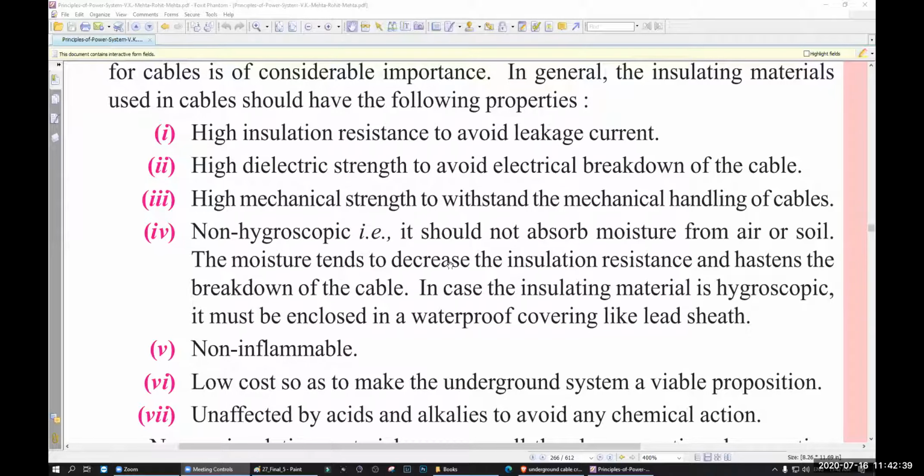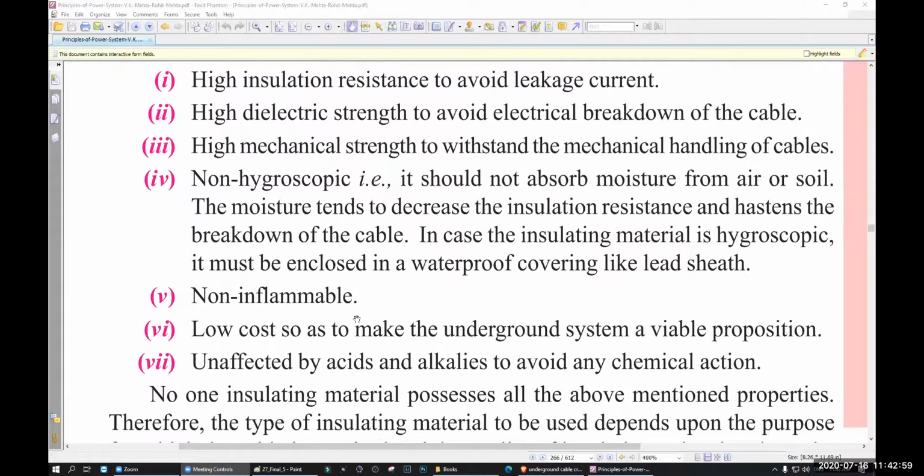The moisture tends to decrease the insulation resistance and hasten the breakdown of the cable. In case the insulating material is hygroscopic, it must be enclosed in a waterproof covering like lead sheath. Non-inflammable, obviously it cannot be inflammable.